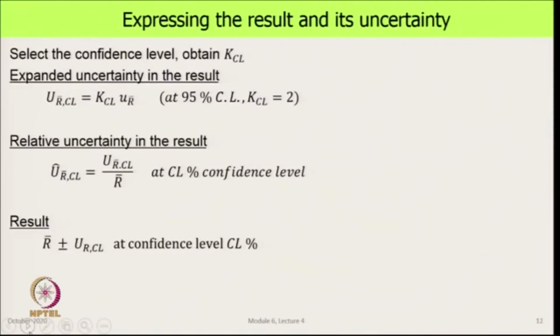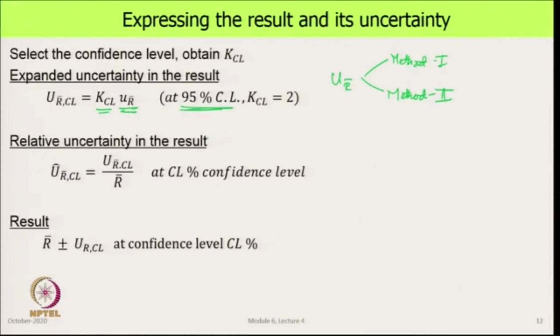So, finally, whether it was method 1 or method 2, we converge and we say we have calculated the combined uncertainty in the result either from method 1 or method 2. So, u r bar could come from either of these sources, and then we multiplied by the factor, which would depend on whatever confidence level we take.